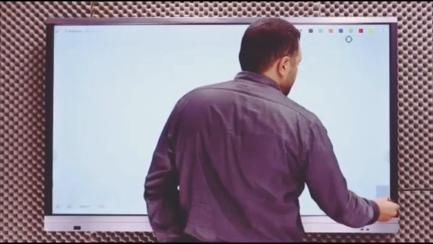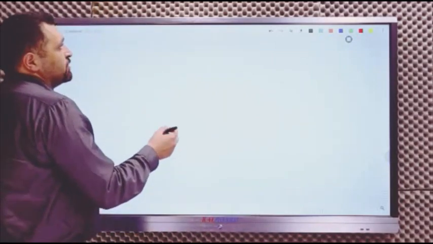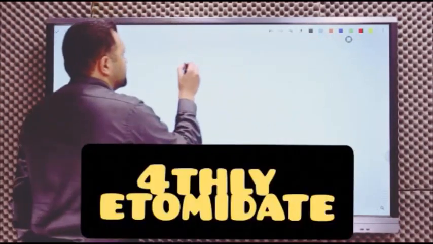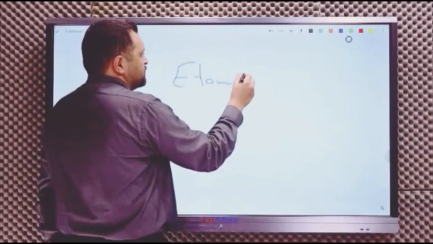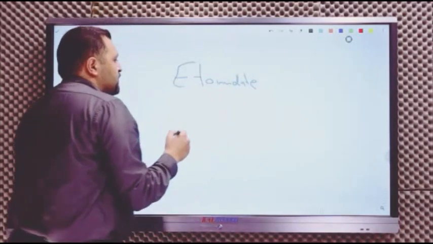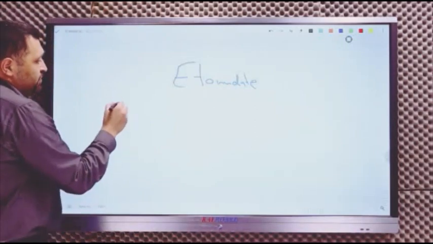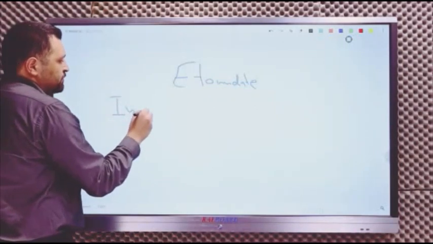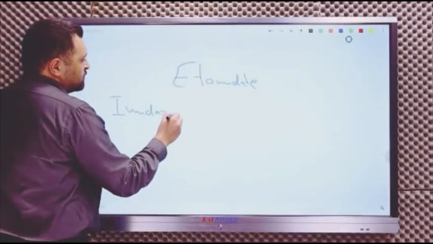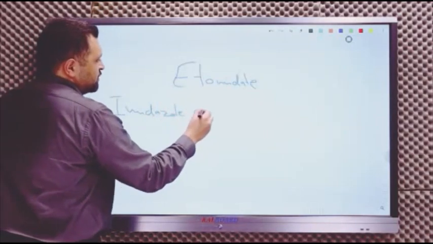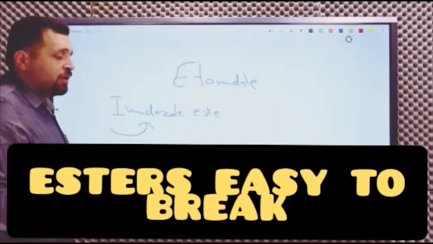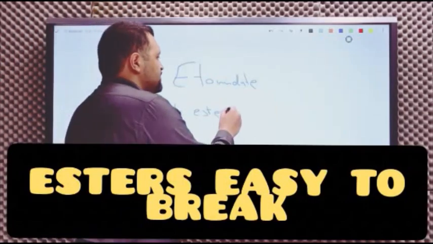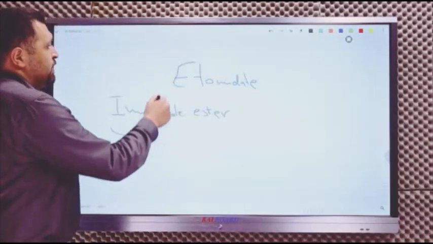Now let's go to our last important drug, which is etomidate. Etomidate consists of imidazole ester. So you bring imidazole, which is originally an antifungal drug, and add an ester group.